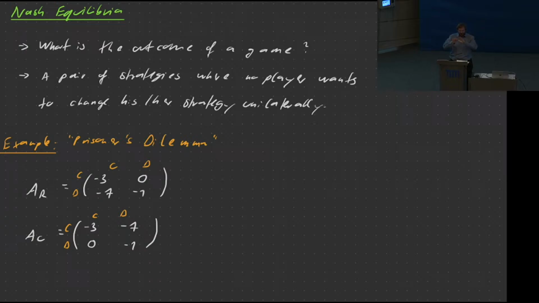Given that the other player stays at this point, the strategy selection is fixed, can I gain anything by choosing another strategy, by doing something different? If the answer is no for both players, that's called a Nash equilibrium. Because if I am at this point, for whatever reason, none of the players has an incentive to do something different.